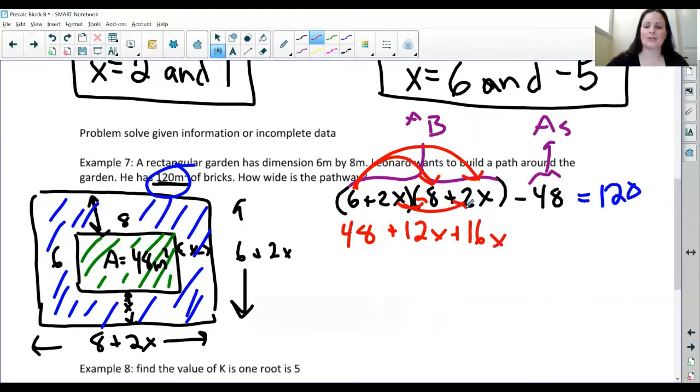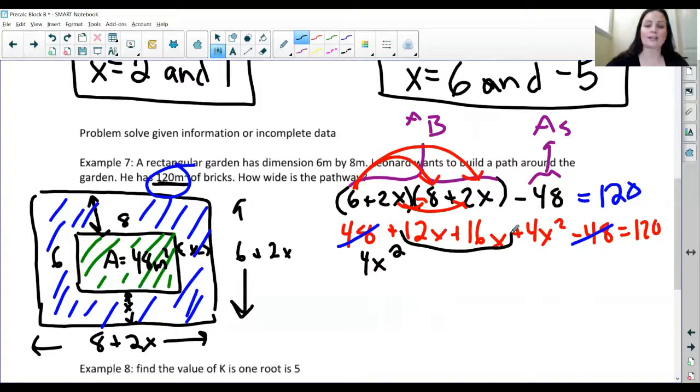And 2x times 2x is 4x squared, minus 48 equals 120. 48 minus 48 cancels out. I'm going to rearrange as well, write my 4x squared first. Grouping these like terms, so I have 12x plus 16x is going to give me 28x, and then it all equals 120.